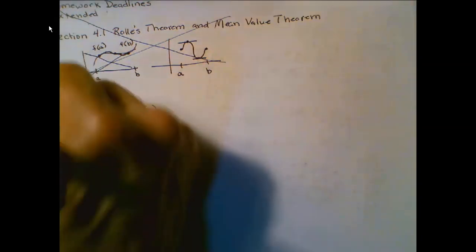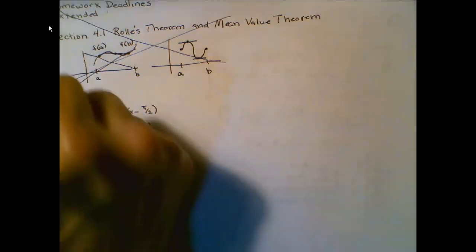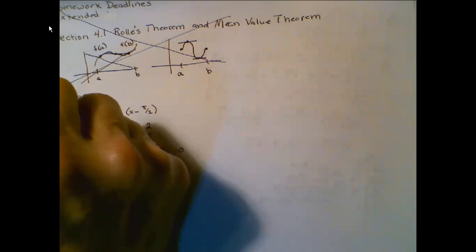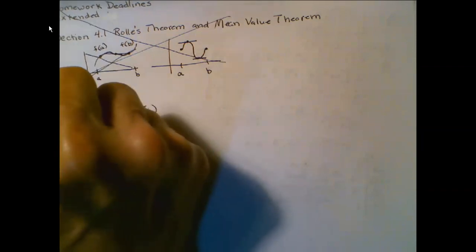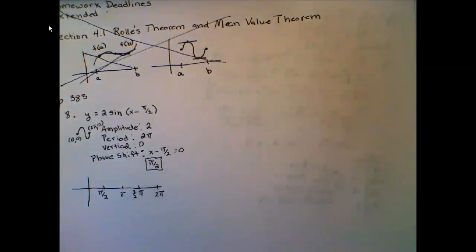On the normal graph of sine, it starts with 0, 0, and it ends with 2 pi, 0. Let me think. I'm having to think of both ways to explain it, the computer way and the on paper way.